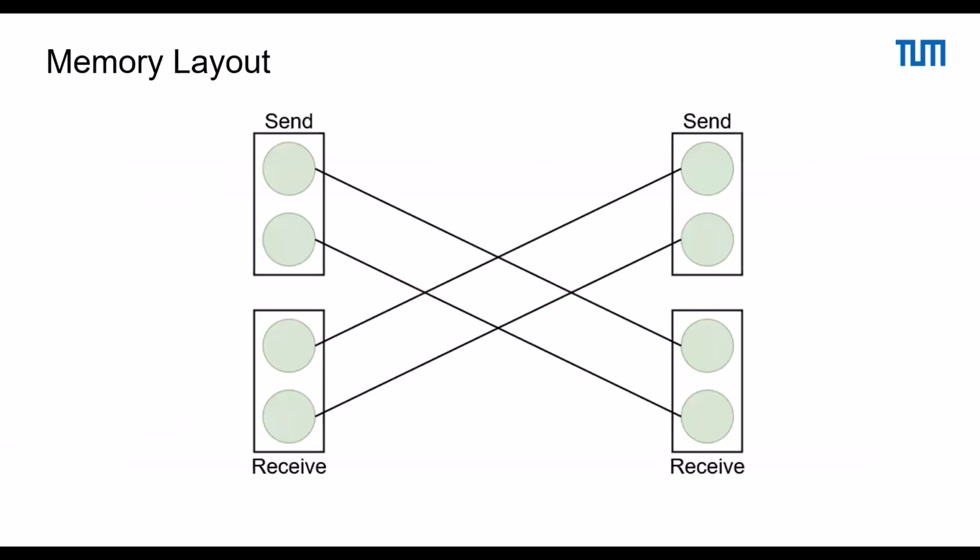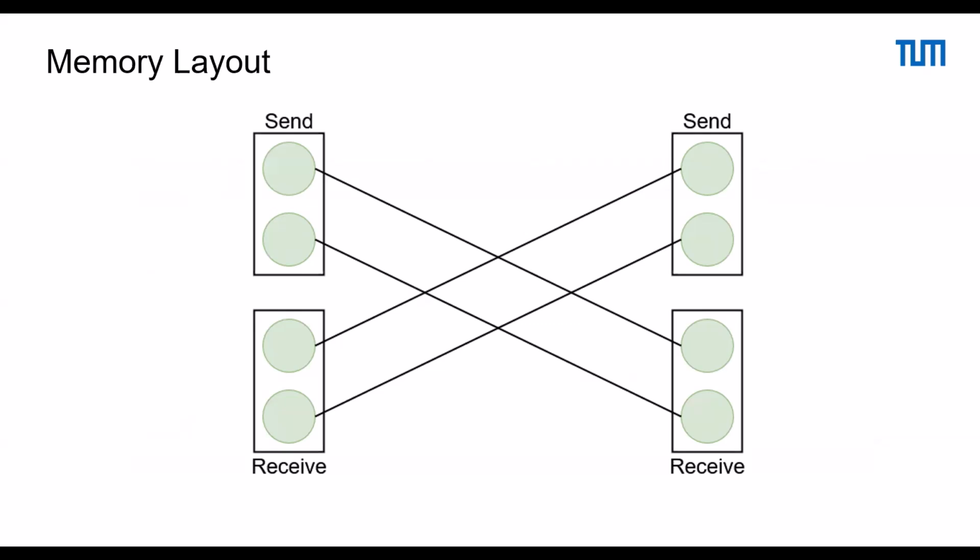This is a very important idea that I'm proposing. We need to structure our memory. We have a memory at a location, and we need to separate it into send and receive memories. Why?